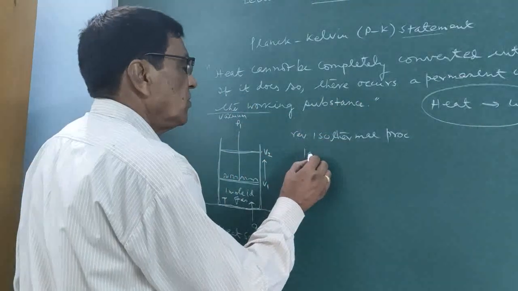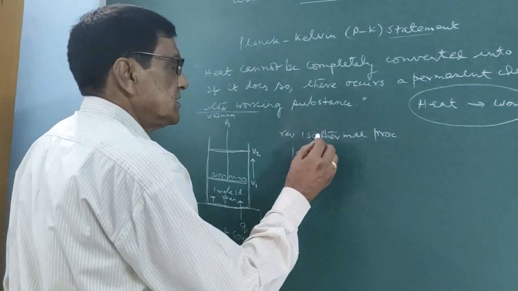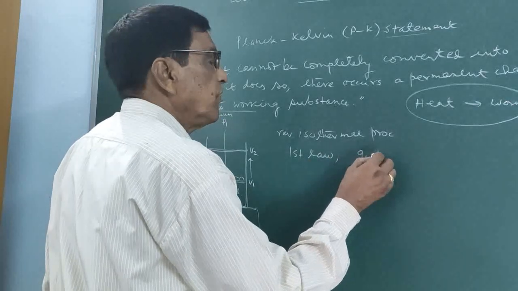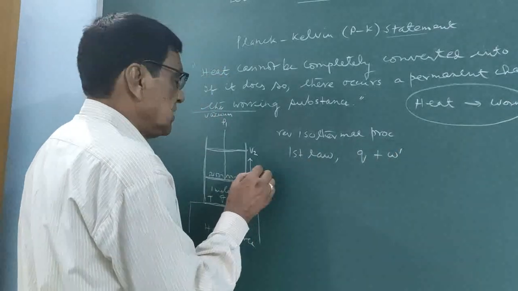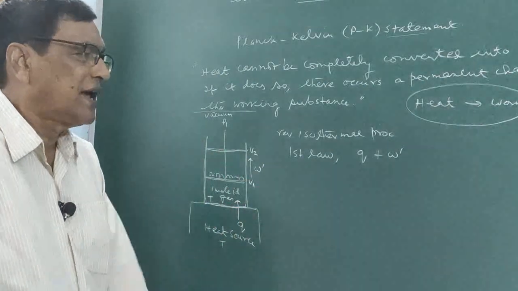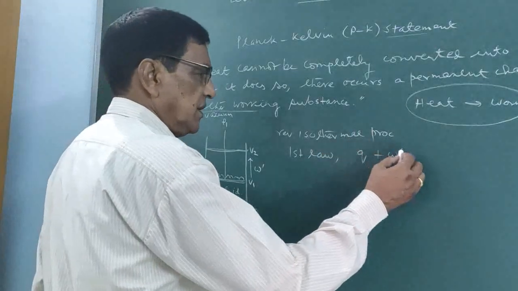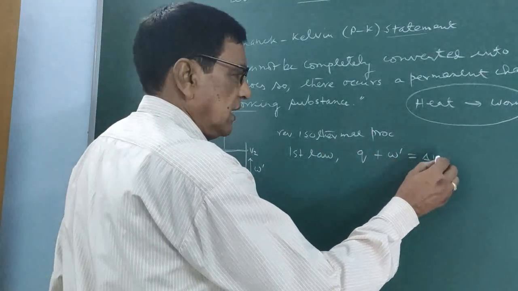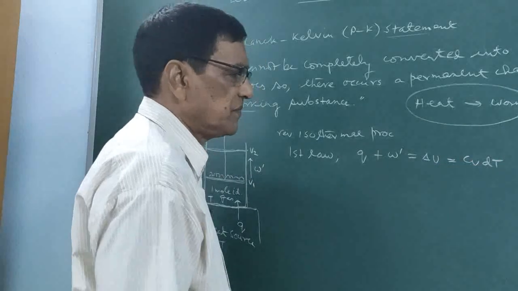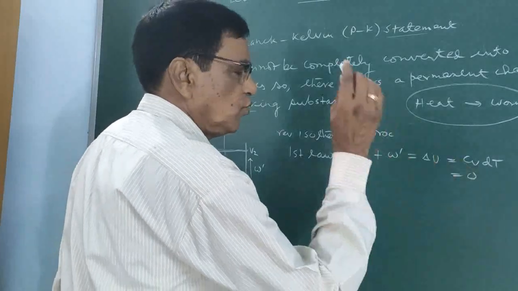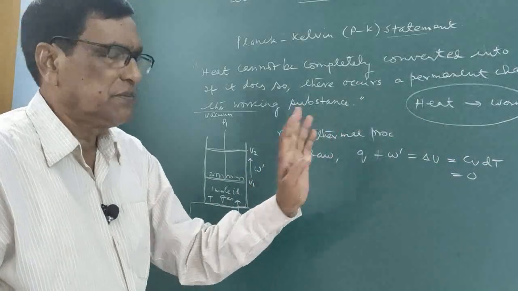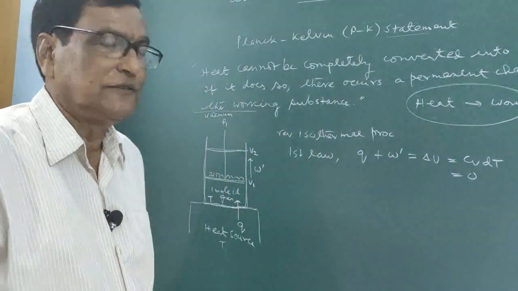Then the first law of thermodynamics states that Q plus W, suppose this is the work done by this gas by the expansion of this gas, W dash, equals del U, and del U equals Cv dT for 1 mole of gas, and this equals 0, as the temperature is fixed, isothermal, and the gas is ideal.